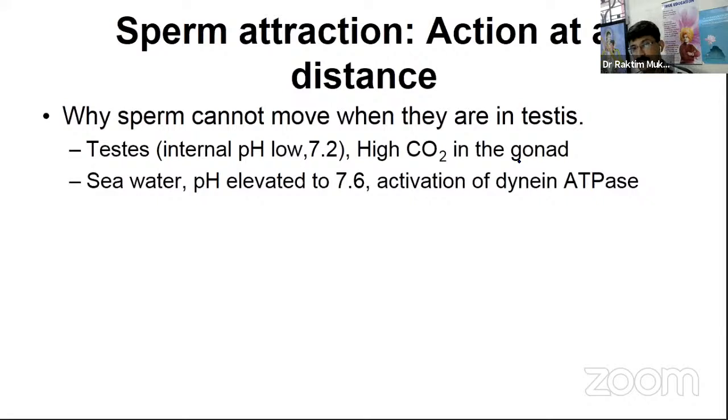So automatically when there is a strong presence of carbon dioxide, the pH will become low. Further, in the seawater the pH is elevated to 7.6, and activation of ATPase leads to the sperm being attracted at a distance.